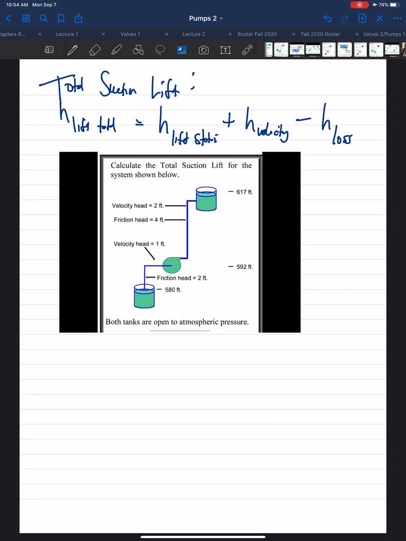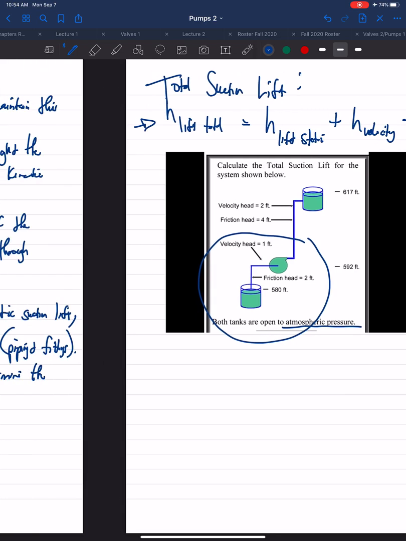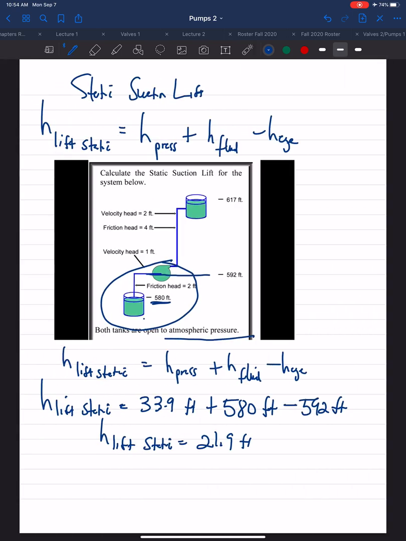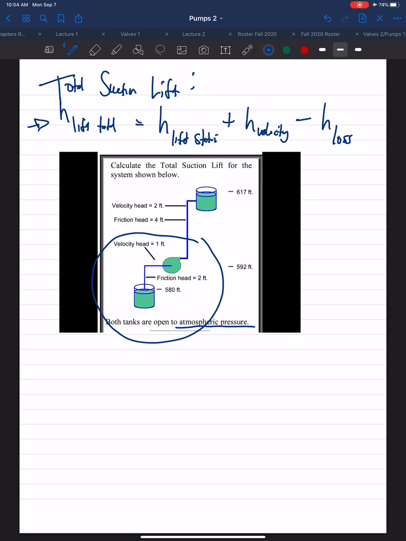And once again, we're talking about this here, lifting from the source to the pump. Using this equation here, we're going to determine the total suction lift. And both tanks are open to atmospheric pressure once again. So in the previous part of this problem, we calculated our H lift static, or our static suction lift, to be 21.9 feet. Same problem, we calculated that aspect already.